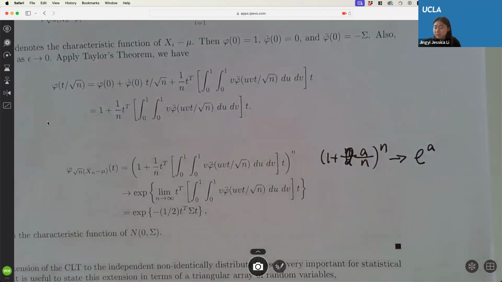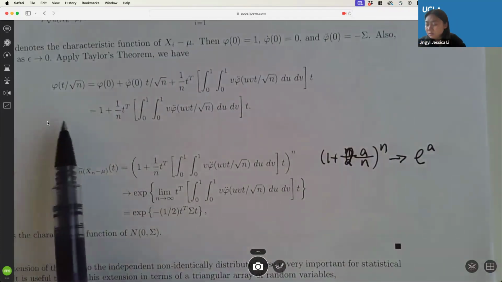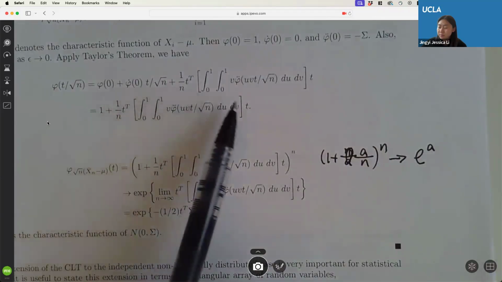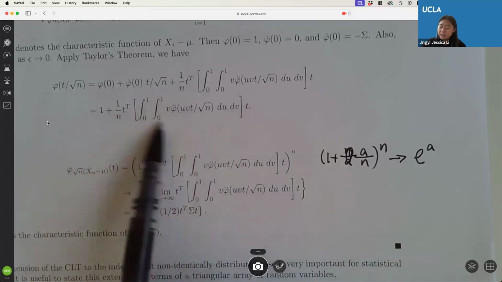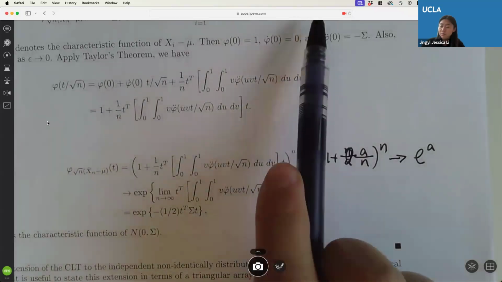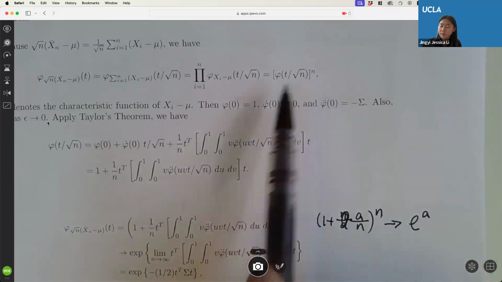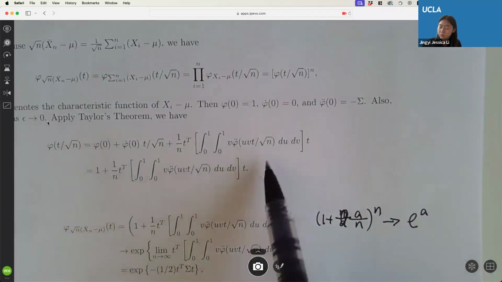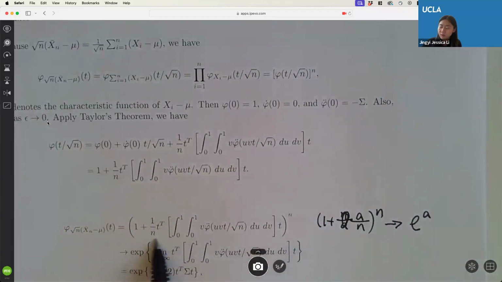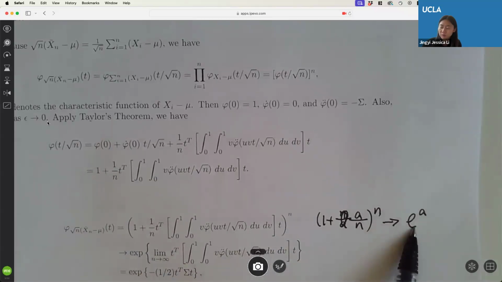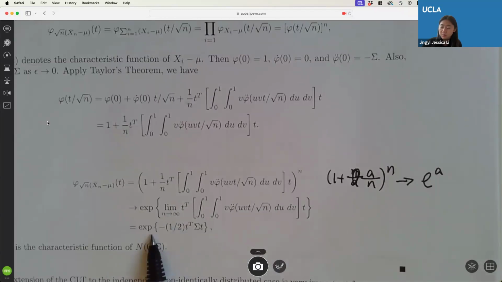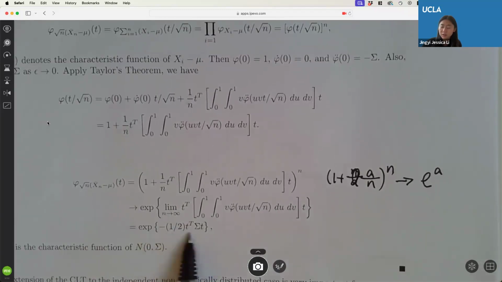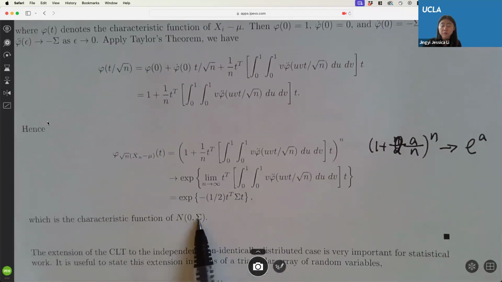That's the result we're going to use. So essentially, you have this thing written as 1 plus something, and this term is going down in the order of 1 over n. 1 plus 1 over n times something. And here you need to raise it to power n. So this whole thing will be raised to power n. And then we apply the limiting result as here to here. And then you would have this, what? This is just the characteristic function of this normal distribution.